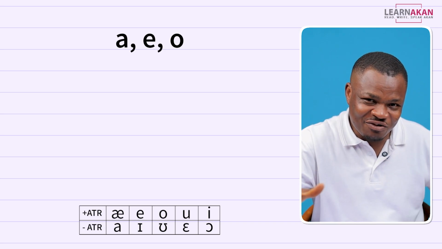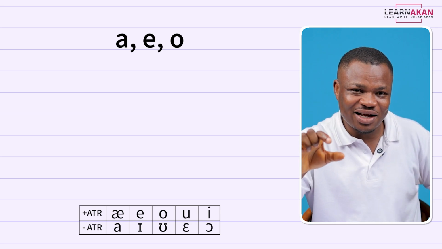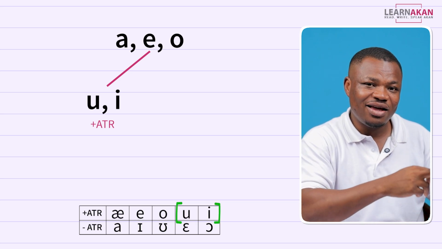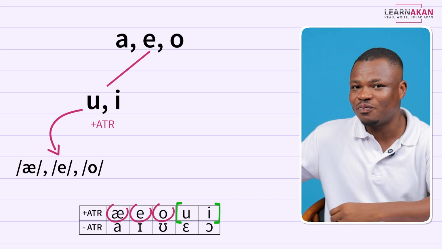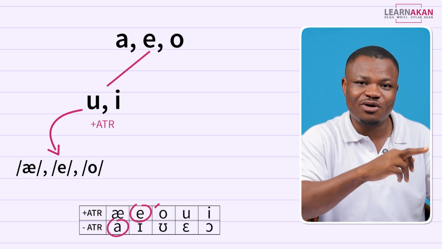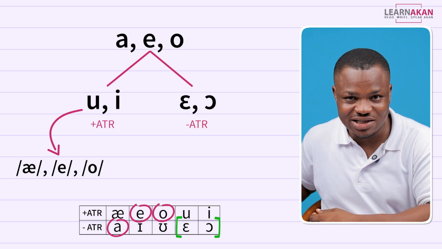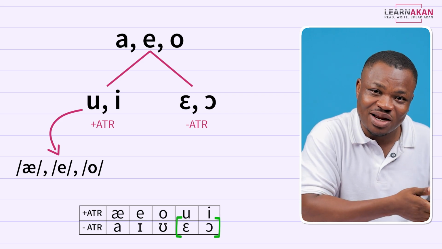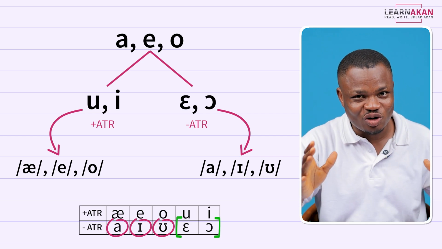If you find that the other vowels, which represent just single sounds each, are from the plus ATR set, then the A, E, or O vowels that are present in that word will most likely be from the plus ATR set as well. Again, if apart from the A, E, and O vowels, you find that the other vowels in there are from the minus ATR set, then the A, E, or O vowel that you find in that word will most likely come from the minus ATR set as well, to ensure that there is harmony.